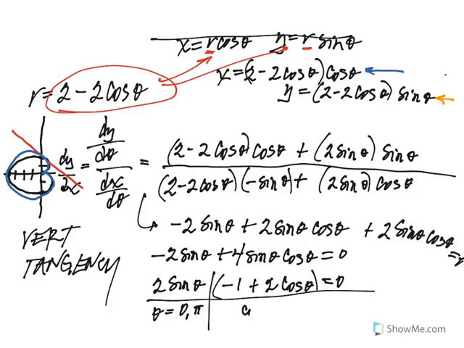And then when I set the second one equal to 0, that gives me the cosine of theta equal to positive 1/2, which looks like it's going to be in Q1 and Q4. So my theta looks like it's going to be pi over 3 and 5 pi over 3.